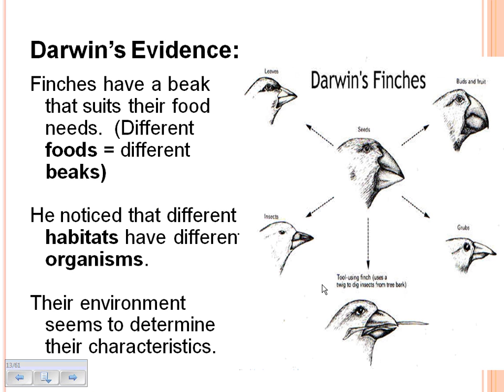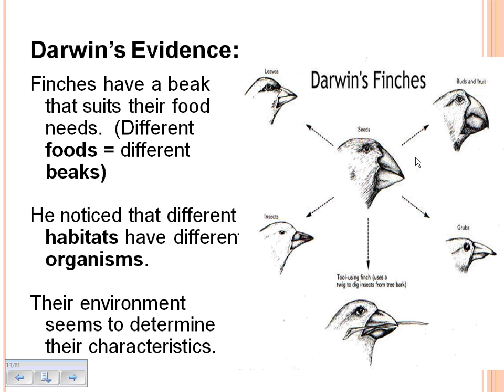So when we look at Darwin's evidence, what specifically did Darwin study? Well, when he was looking at the Galapagos Islands, he noticed that there was the same species of bird throughout the islands, the finch. And what he noticed was that each finch had a specific beak that suited what kind of food they wanted to eat. And of course, different foods equaled different beaks.